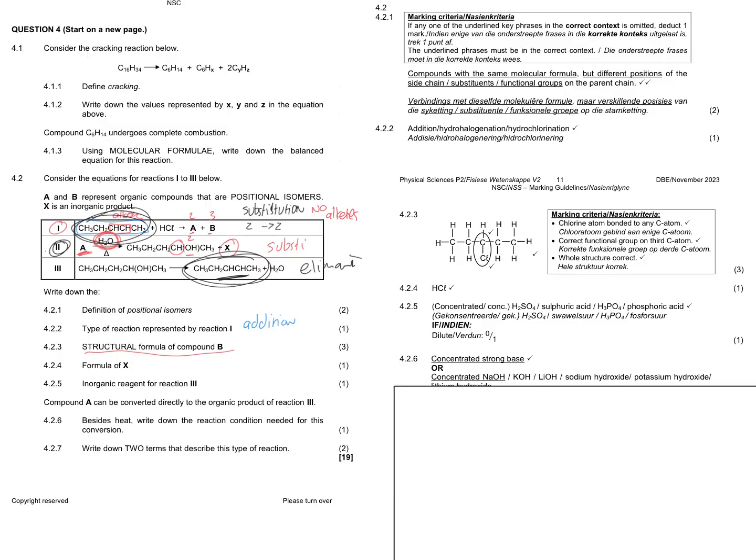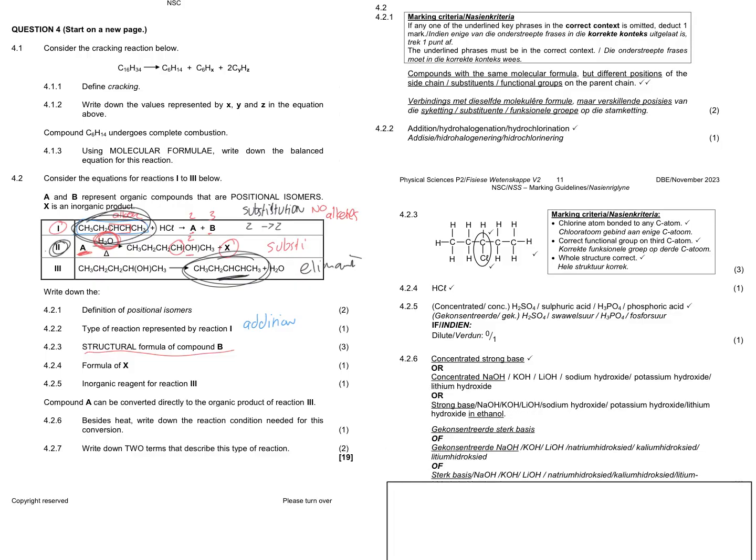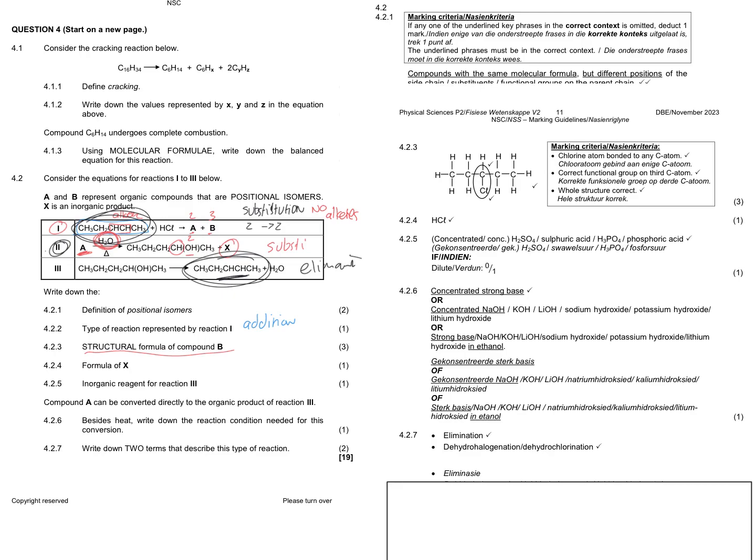And they say write down 2 terms that describe this type of reaction. I would imagine it's going to be dehydrohalogenation and elimination. See, there they are. So the name of it is dehydrohalogenation, and the type of reaction that it is, is elimination.